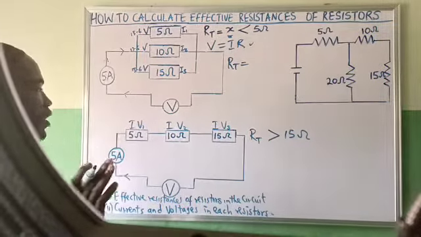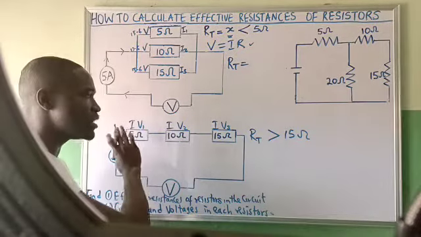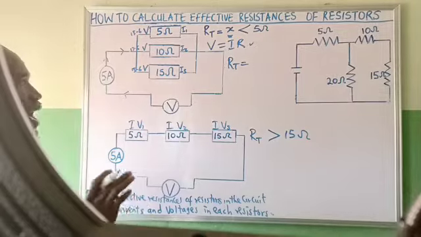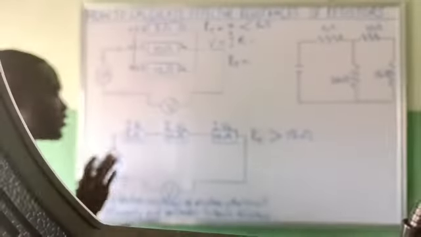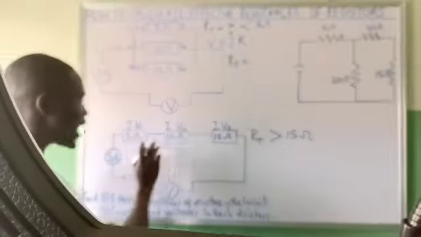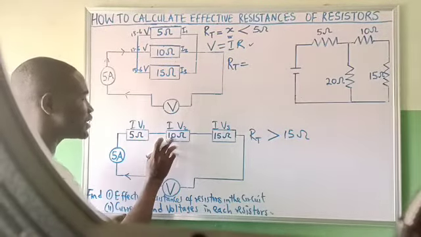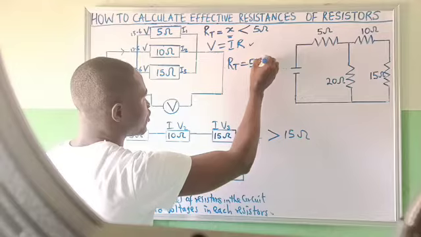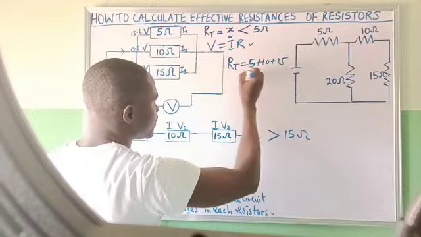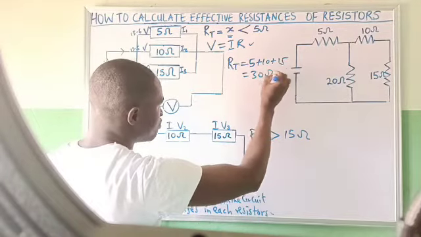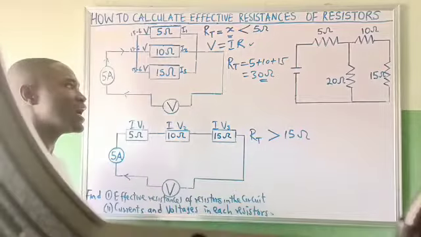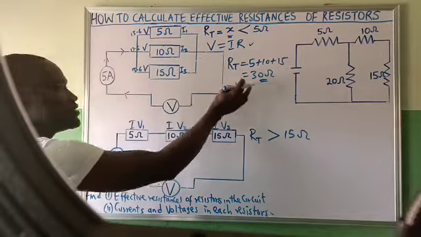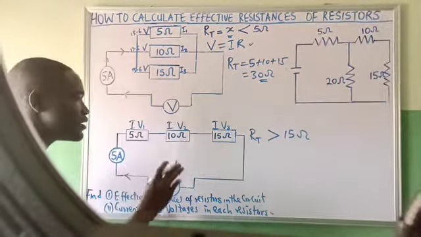When you are talking about resistors arranged in series and you are asked to calculate the effective resistance, you just add them up. 5 plus 10 is 15, 15 plus 15 is 30. That is 30 ohms, the answer for the effective resistance of resistors in series.